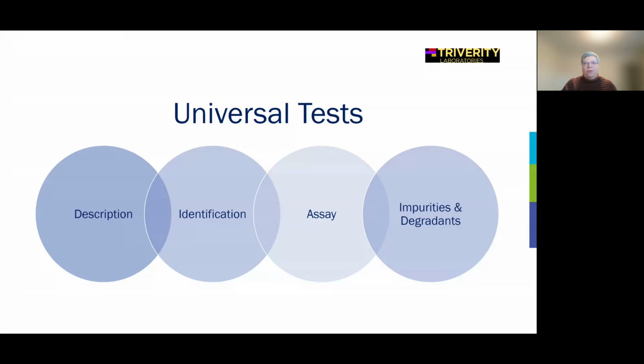For the drug product, we're really only required per ICH Q3A and B, which are the USP, the EP guidances for impurities. And for drug products, you only need to look at degradants. You don't have to look at the process impurities that are coming out of your drug substance. And we'll talk about that here in a minute.